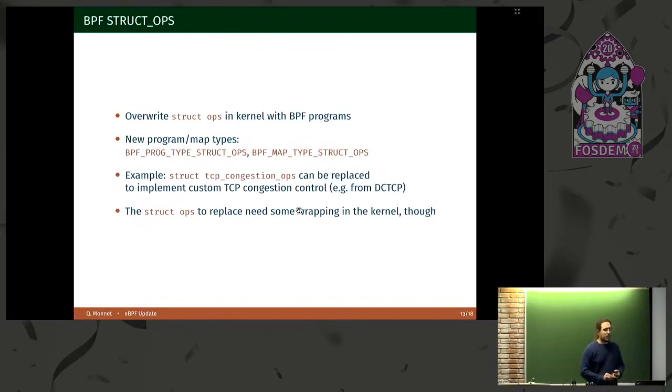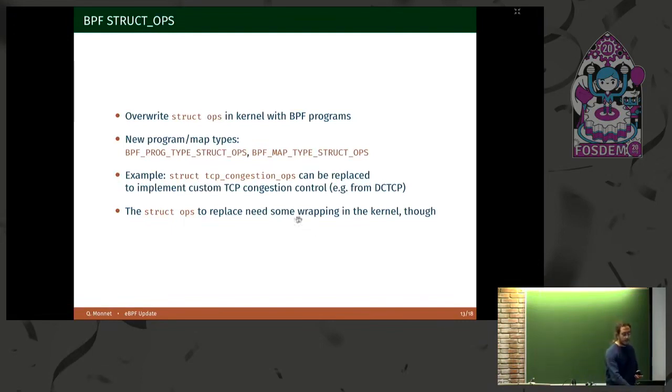Another mechanism that appeared recently is the possibility to overwrite the struct ops in the kernel, which is quite restricted at the moment because there is some wrapping to do in the kernel for the struct ops, those structures that hold operations for some specific algorithm.